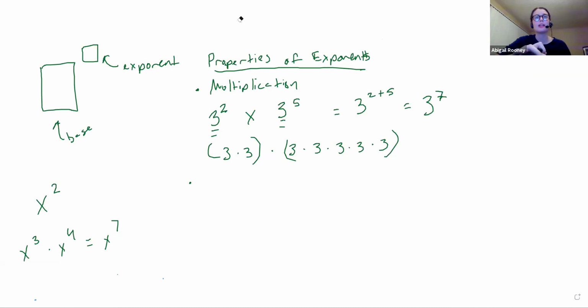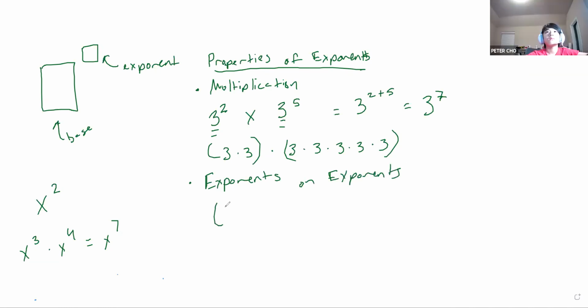Okay. And then the other thing that we have, we'll call this exponents on exponents. This is kind of interesting. Let's say we have 3 squared in parentheses, and then we're taking that entire thing to the 4th power.